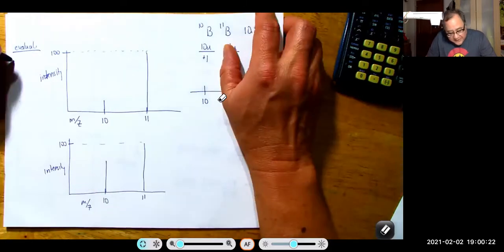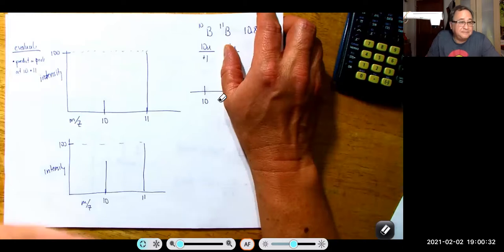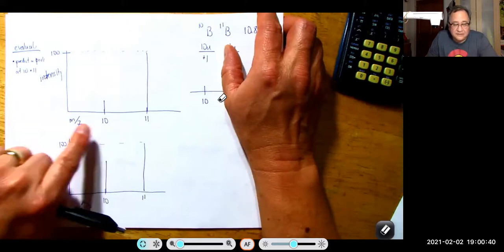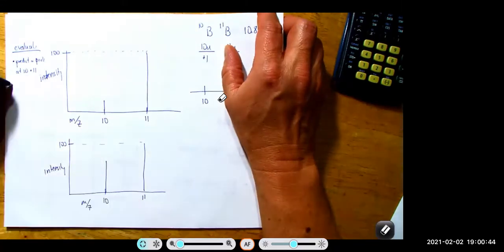Did we predict a peak at 10 and one at 11? Did we do that? And we did. In what we just saw, was there a peak at 10 and 11? Sure enough. So we got that right.